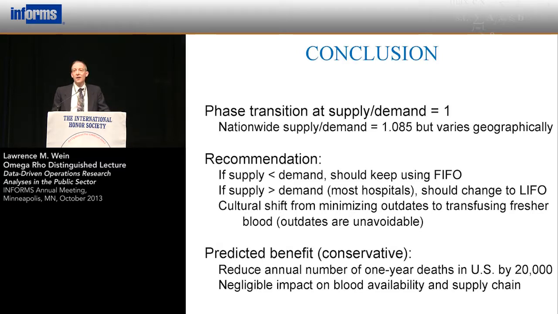So you may as well transfuse fresher blood so you can save some lives. And because there are so many people receiving blood transfusions, our estimate of the number of people who would not die within 1 year of a transfusion is a very conservative estimate. It's like 20,000 per year. Probably our best point estimate is more like 50,000 per year.